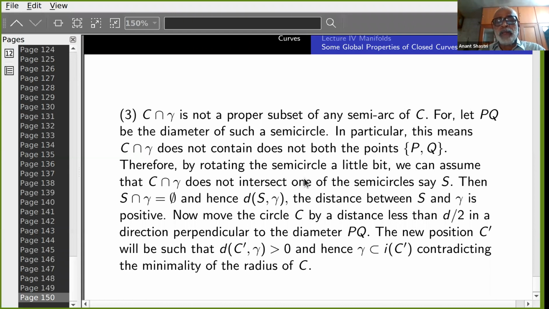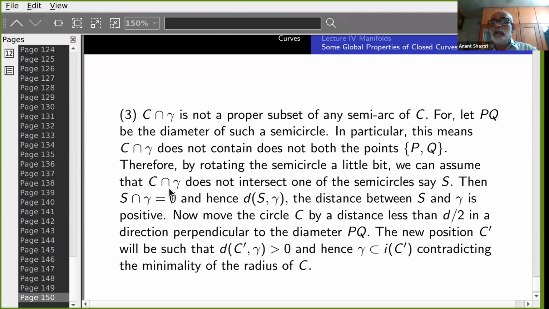By rotating, we can assume that C intersection gamma does not intersect one of the semicircles, say S. Now both P and Q are not inside C intersection gamma. So the whole thing is on one side only. The semicircle S does not intersect C intersection gamma.